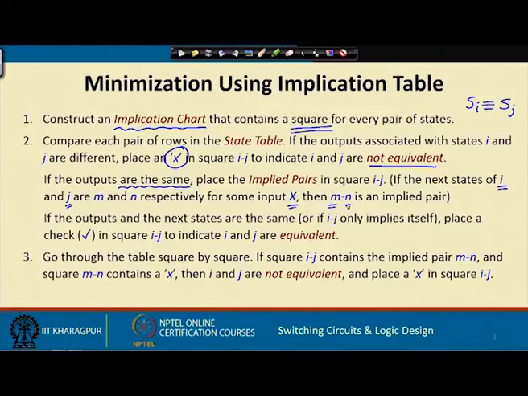So, what we are saying is that although the outputs are the same, the next states are different. i is going to m, j is going to n. So, in the implication table, in that square we note down m and n, indicating that they are going to 2 different states m and n, but we still do not know whether m and n are equivalent or not.